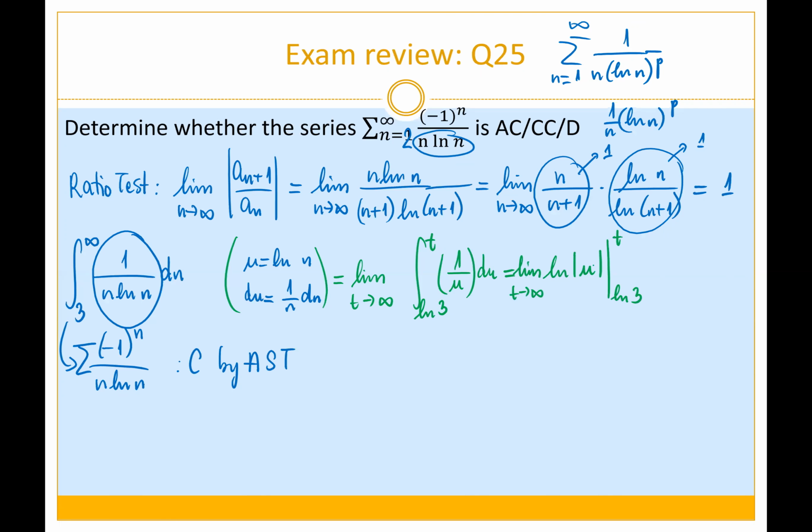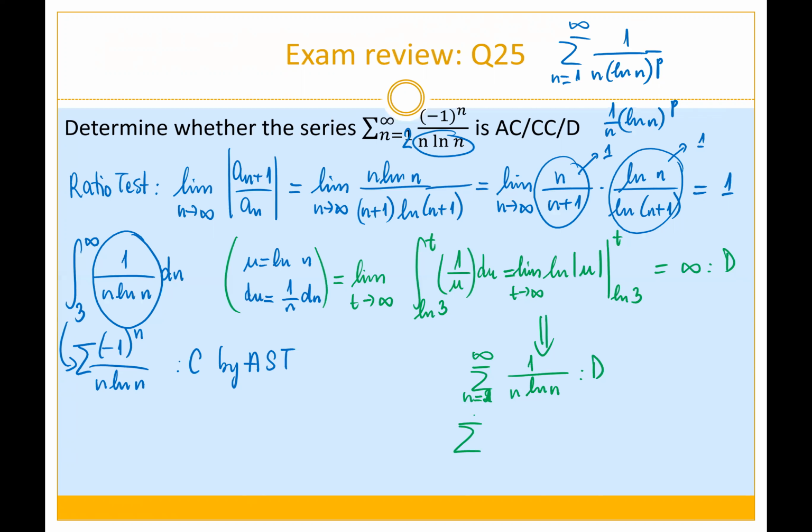Obviously, when you plug in ln of t, which is ln of infinity, this one is infinity. So it is divergent. And so the absolute series, 1 over n ln of n, is divergent.